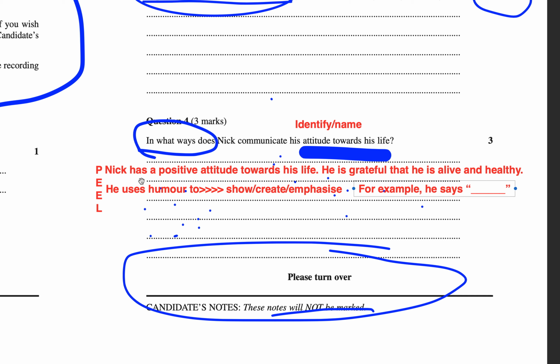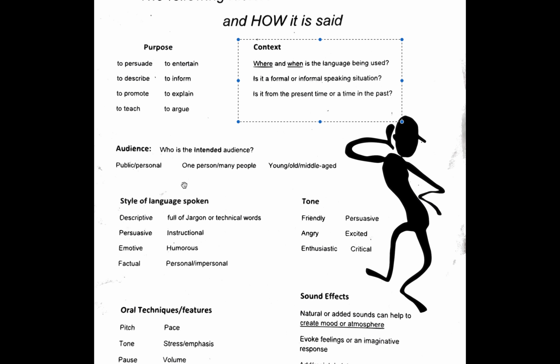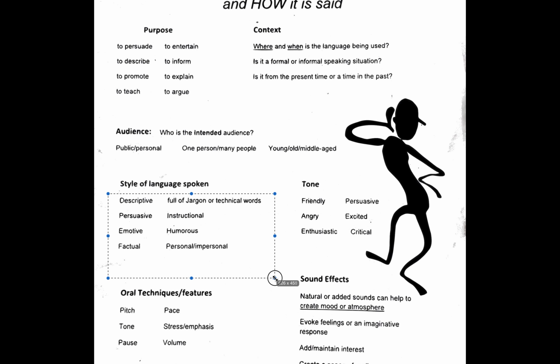He uses humor, that's a technique, for example. And I've gone back here, style of language. Or he uses a metaphor, he uses a simile. Those are also language techniques that have not exactly been included on this paper, because those are the things that people instantly think of, but these are the things that people often forget.